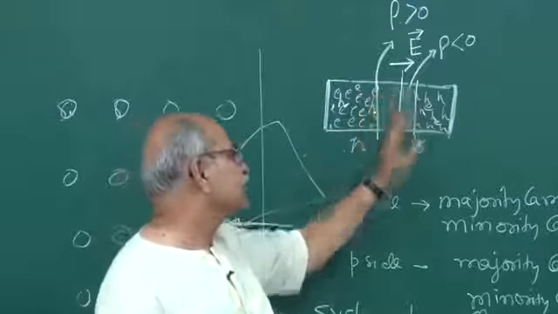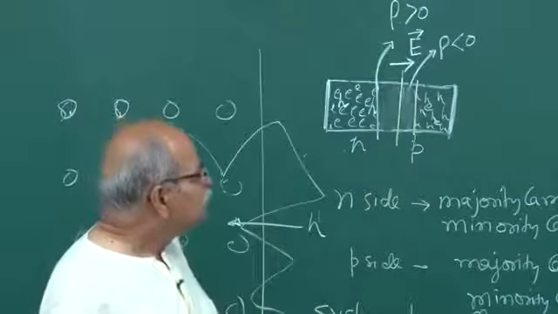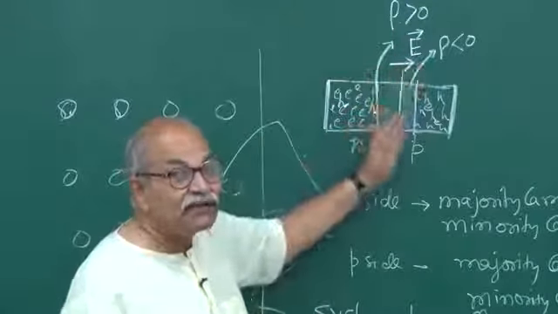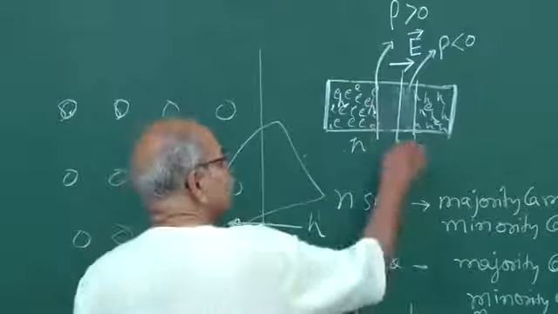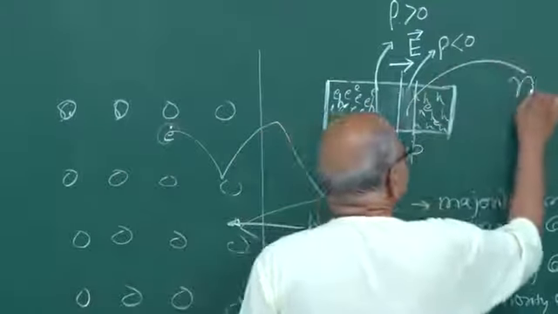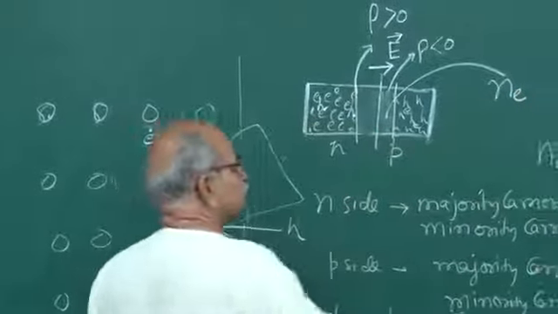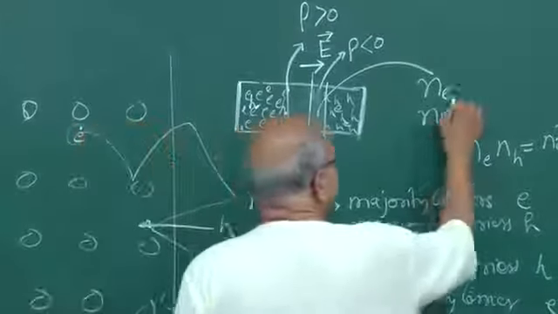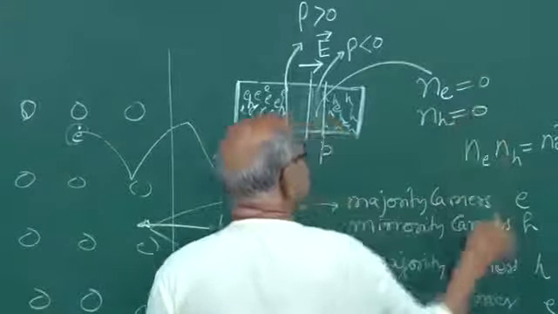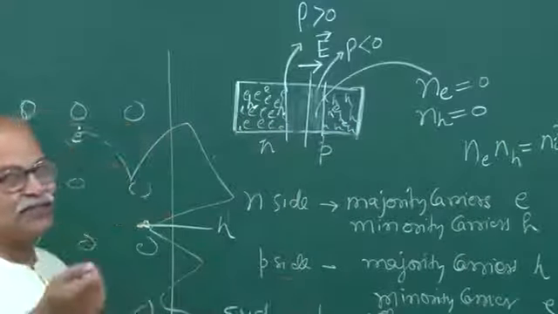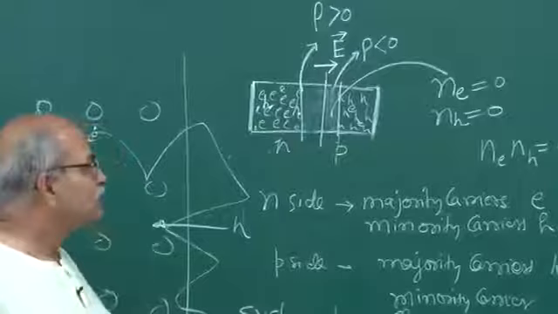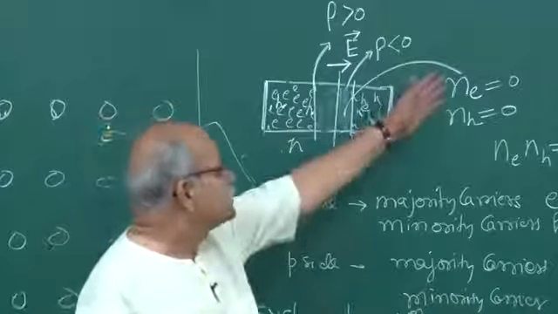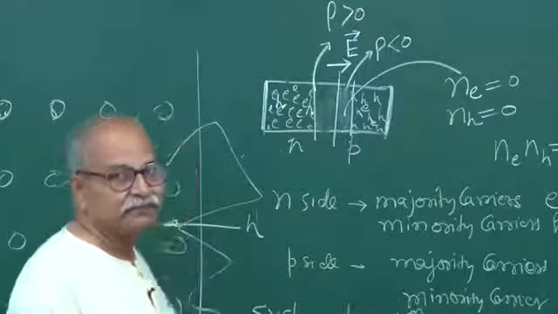So what you find is, yes, there are charge densities, but you do not have charge carrier density. Okay. So that number of electrons per centimeter cube, or number of holes per centimeter cube, this becomes 0. 0 means negligible, 1 or 2 here and there may still be there, but not observable in a circuit. So this is almost 0.